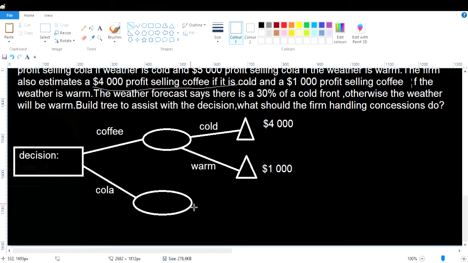For cola, even here we're going to make profit depending on the weather, if the weather is cold or warm.